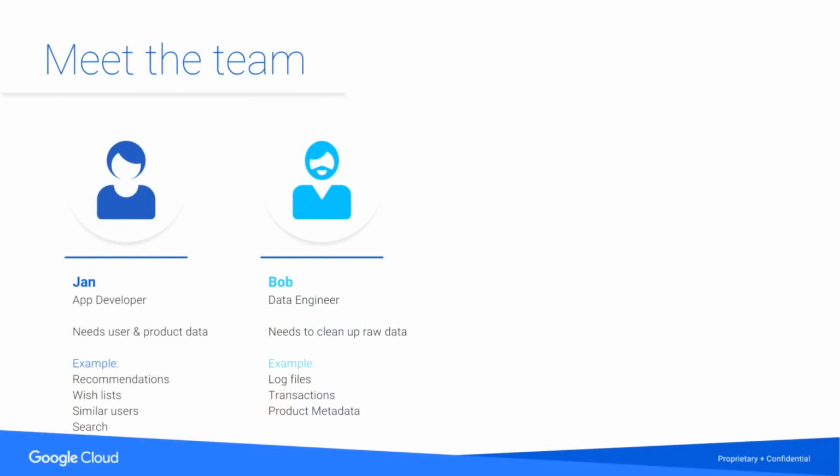And then we have Bob. Bob is a data engineer. He's interested in transforming data, taking it from raw formats and cleaning it up, moving it to new formats. He's mostly going to be working with log files, transactions, product metadata, every type of data you can think of. But his process is to refine that data, move it into new formats, make it available to other people.